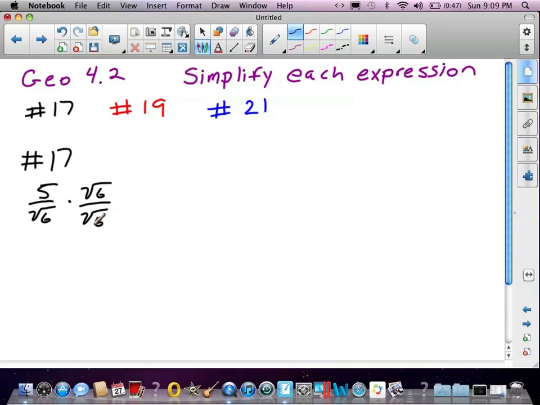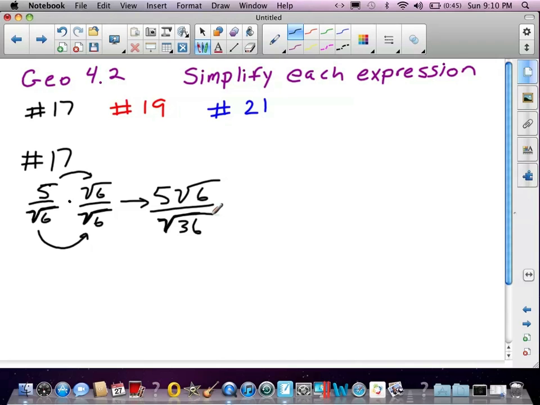Once I do this, I'm going to continue on. Now 5 times the square root of 6 gives me 5 square root of 6, over square root of 6 times square root of 6, the square root of 36. Now, as you notice, I have taken a square root and I have multiplied it by itself, and it has created a perfect square.